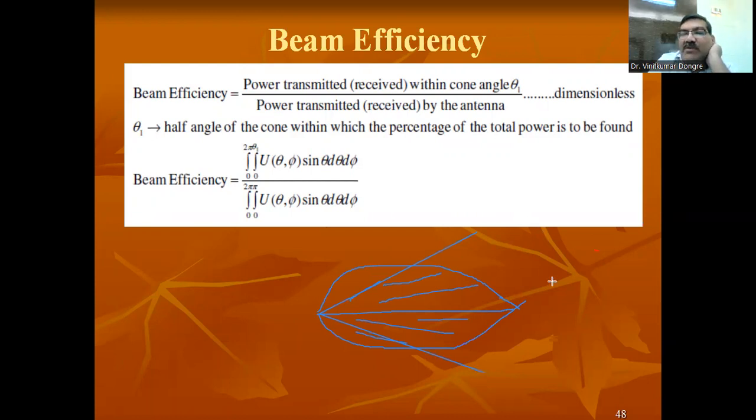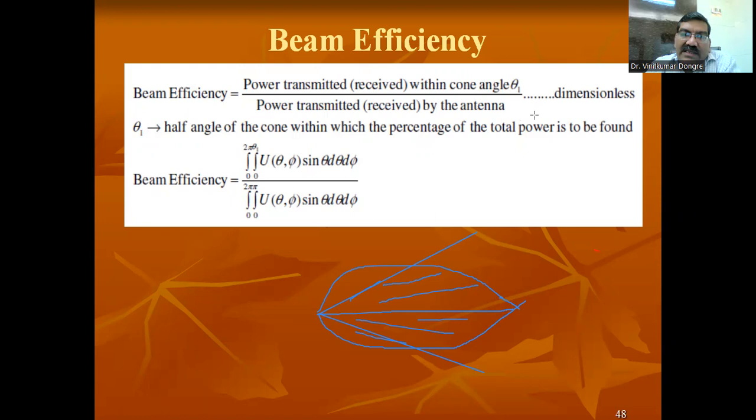So can you tell me what the beam efficiency will be in percentage? Use the above formula: power transmitted within a cone angle theta 1, this angle theta 1, and the total power transmitted by the antenna.